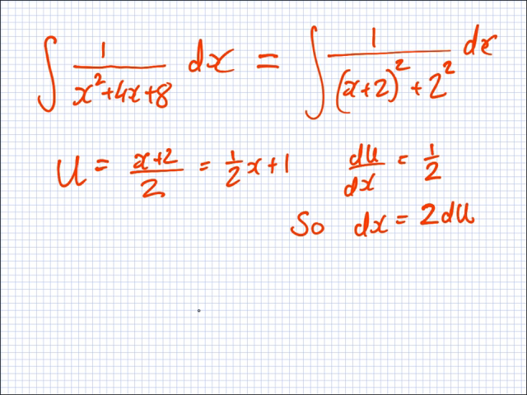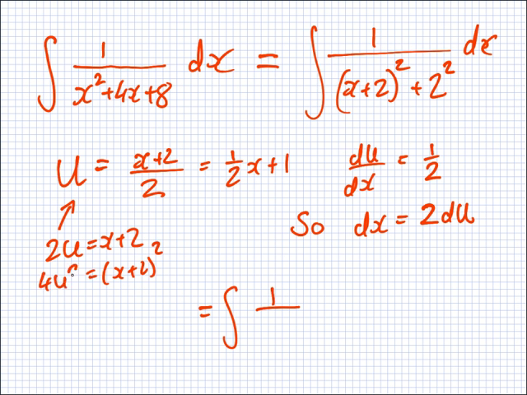Okay, so let's go back here. Now look here, make it a little bit clearer. This line you can say 2u equals x plus 2, true? So x plus 2 squared would equal 4u squared. So that means the x plus 2 squared here is 4u squared plus 4.